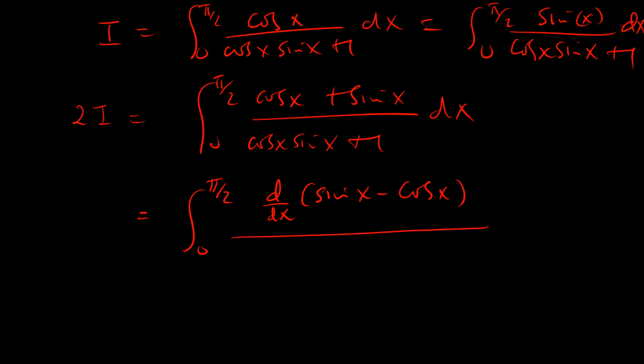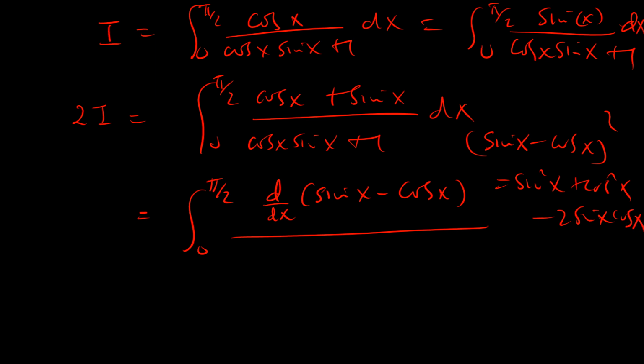Over, since sine x minus cosine x squared is equal to sine squared x plus cosine squared x minus 2 sine x cosine x, this part goes to 1. What that means is sine x cosine x is equal to 1 minus sine x minus cosine x squared all over 2.